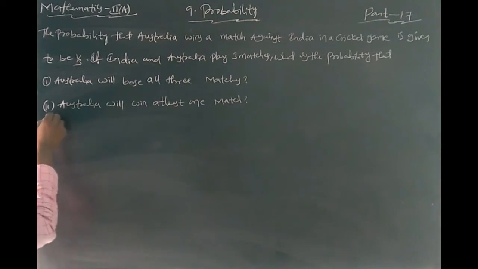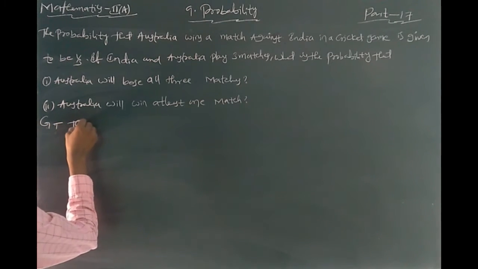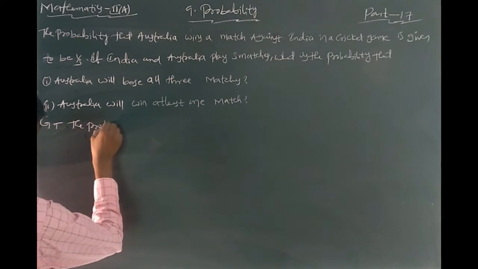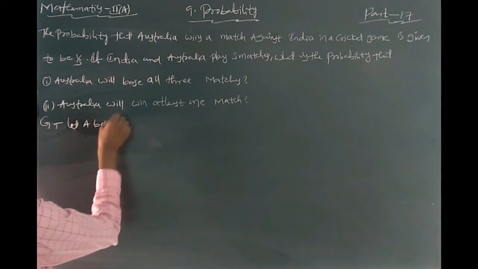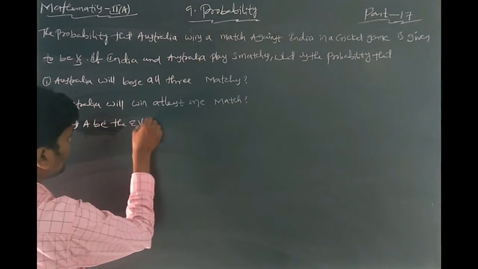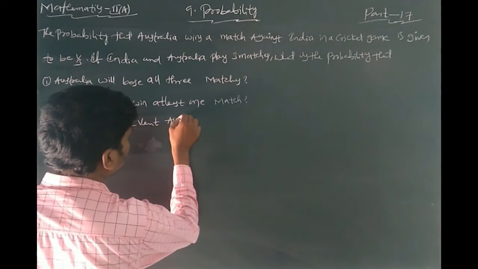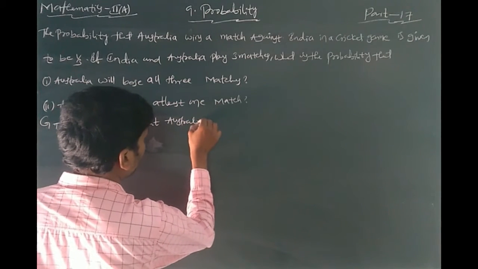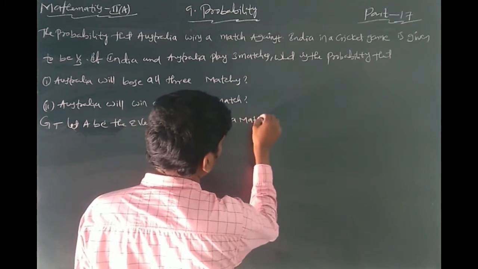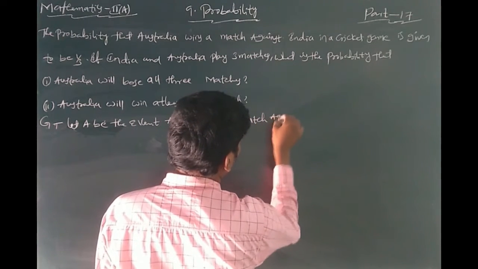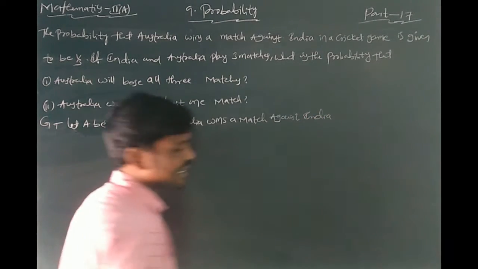First of all, what is given? Let A be the event that Australia wins a match against India in a cricket game.